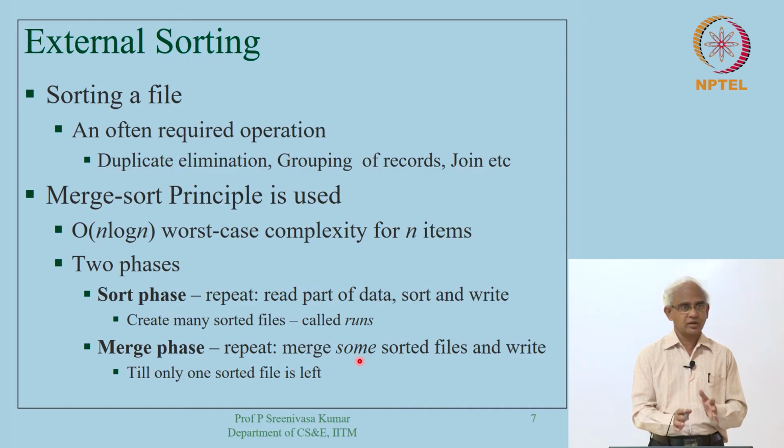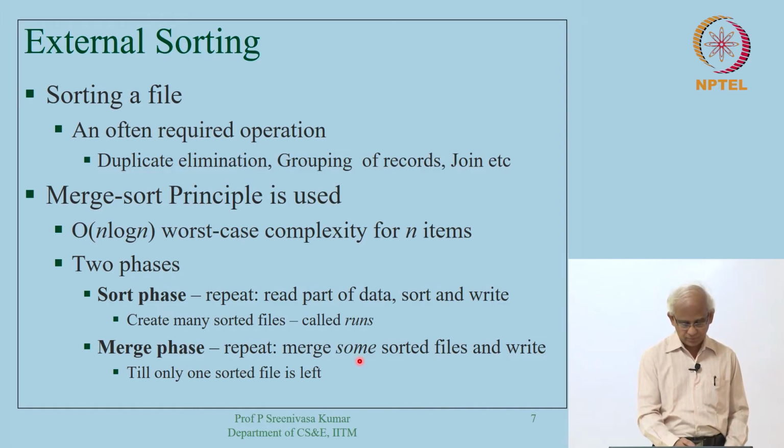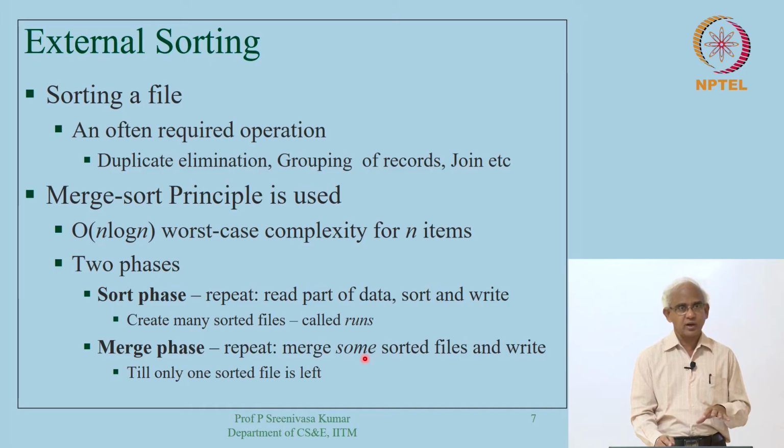That is the rough idea. In fact, we may not be able to merge all of them together, so take some of them, merge them and write it back, and repeat this process till you are left with one sorted file.